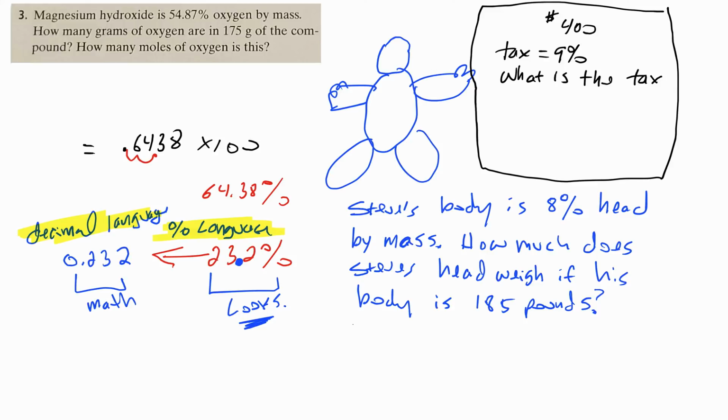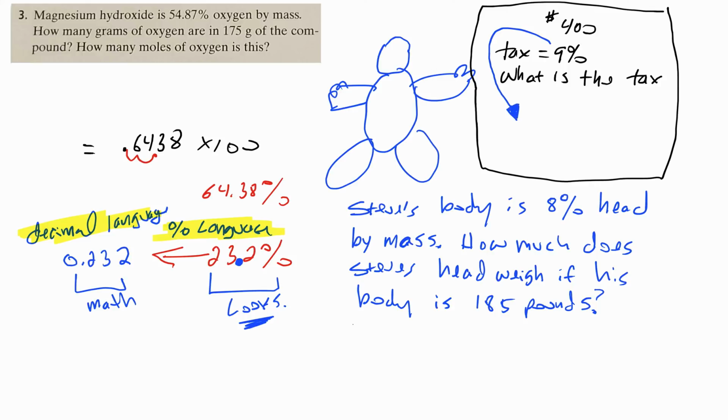Okay? Alright, so if we're gonna do math with this 9% number to figure out the taxes on your iWatch that you wanna buy, we gotta move this tax into decimal language. So let's move that tax to decimal language. What do you get? You have to conceptually understand the problem so you can apply it to the real problem.